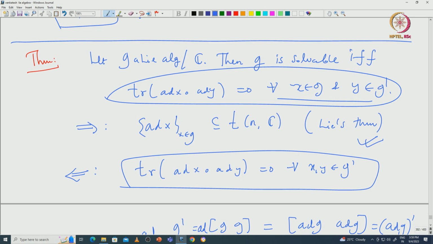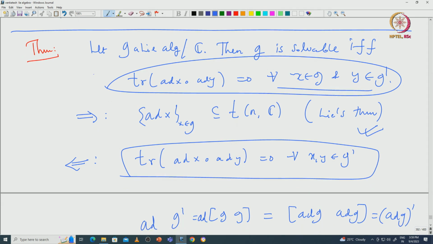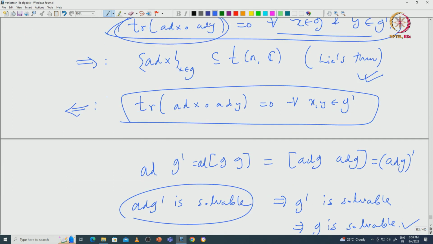This is a very important criterion to check solvability. We will see later that this trace condition also plays an important role in checking semisimplicity and other things. I will stop here and continue next class with the criterion for semisimplicity. Thank you.